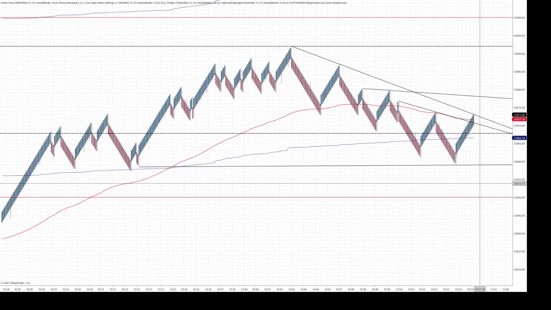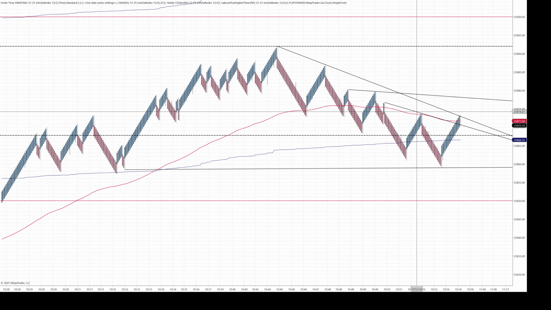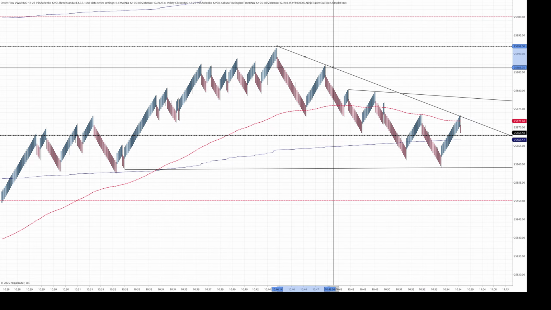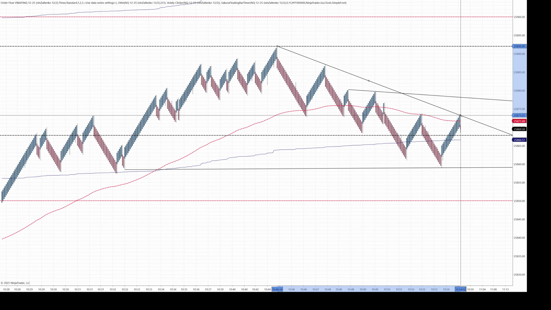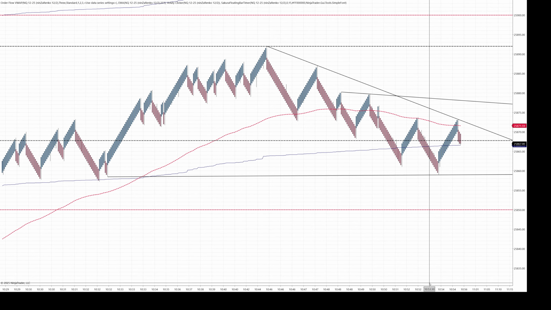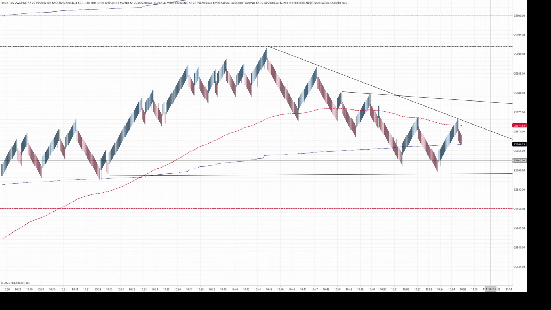Okay, we're breaking through this trend line. Adjusting that trend line because it didn't break it, it just touched it with the wick. And then we can't take the reversal here because standard deviation is in the way.